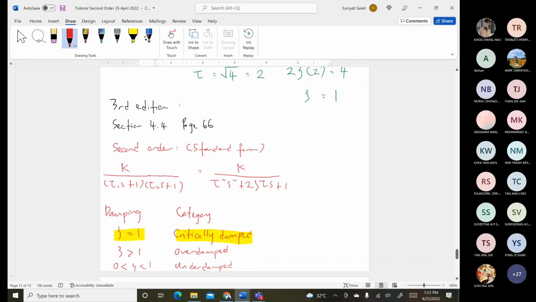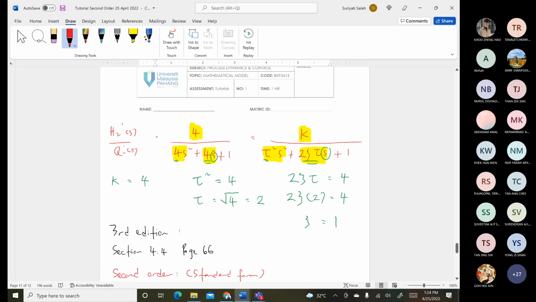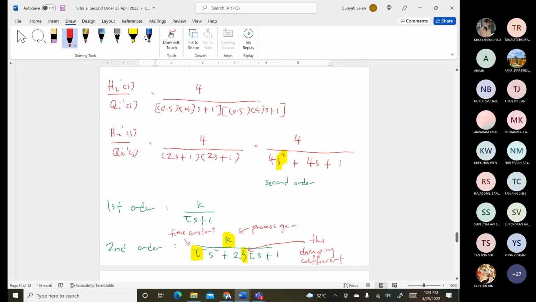So there are two ways actually to determine the category. The first one is based on the damping. And the second one is based on the roots of our process. In this case, we have 4 over (2s plus 1)(2s plus 1).